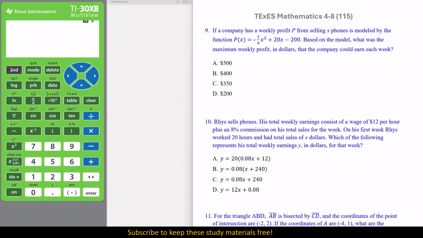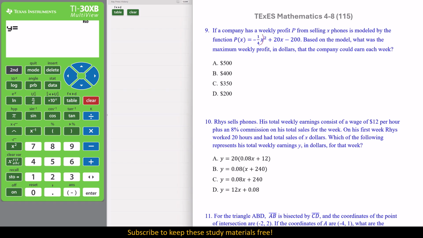Based on the model, what was the maximum weekly profit in dollars that the company could earn each week? Okay, so we just need to put this into our calculator and then check these values on the right side under our Y values. All right. So let's push table and clear that out and let's enter it.